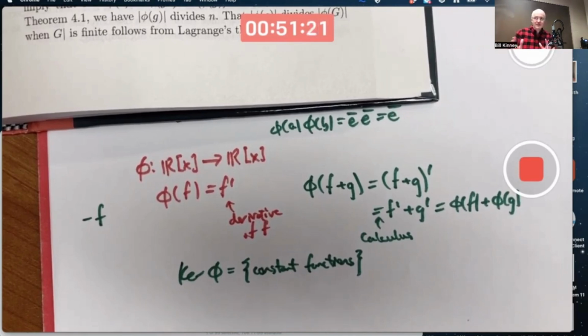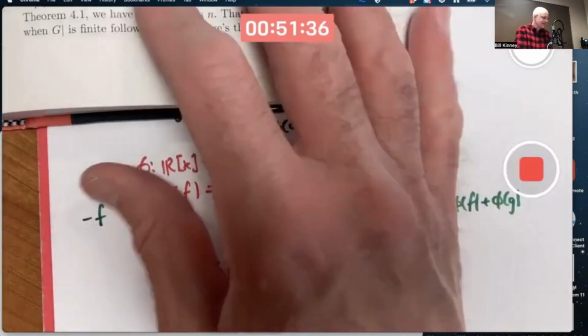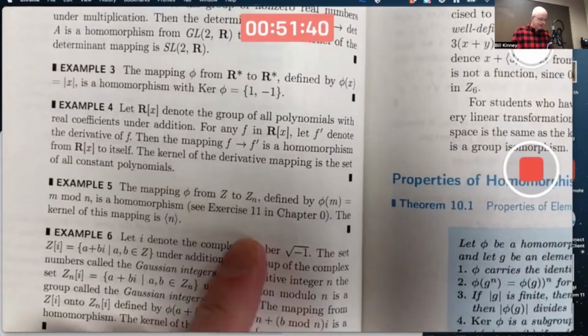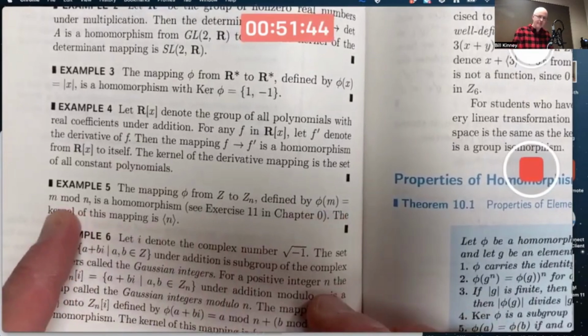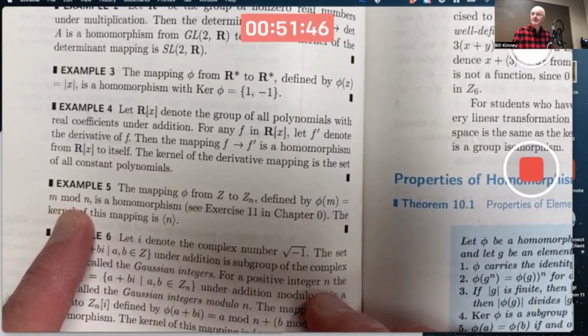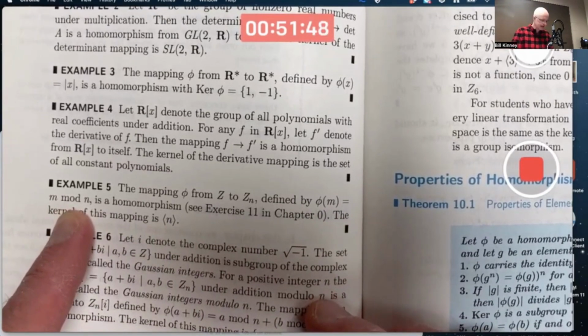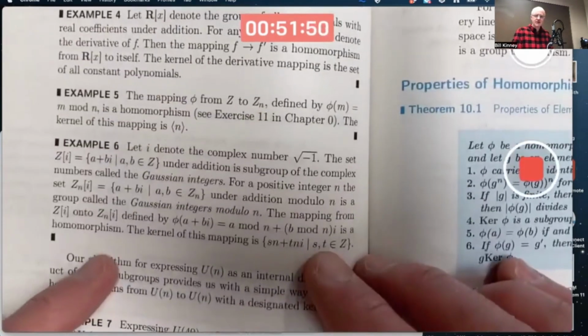Okay, so there's a new example. It's a worthwhile example to emphasize even just today. It is an important example for ring and field theory, actually. The mapping from Z to Zn, where you map every number m to m mod n, is also a homomorphism. That's based on properties of modular arithmetic. This is a kind of interesting example.